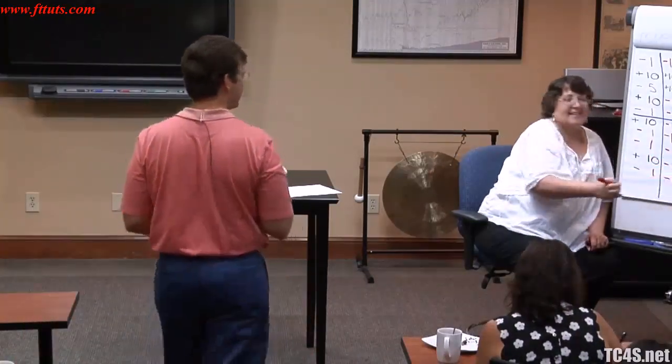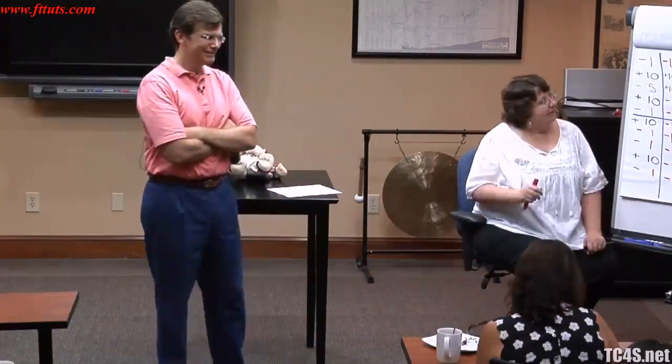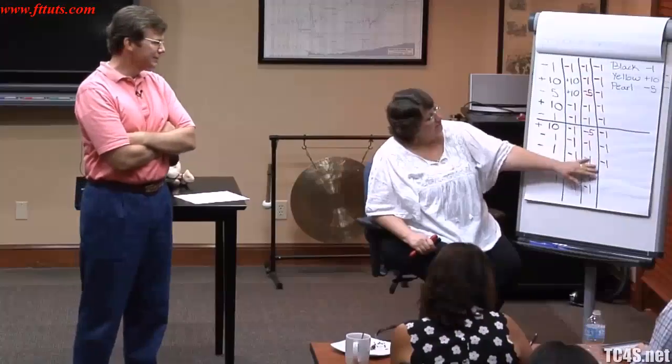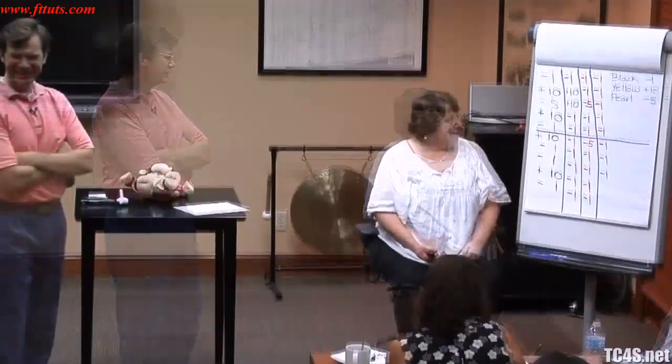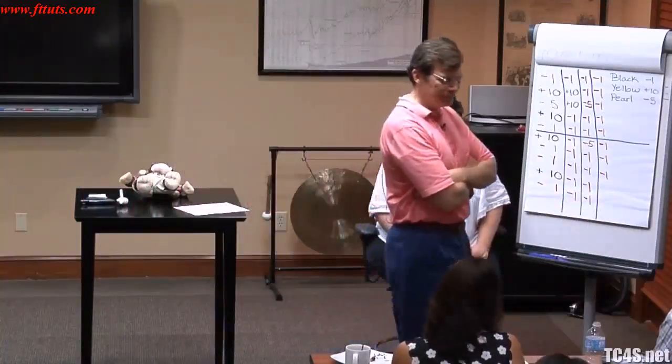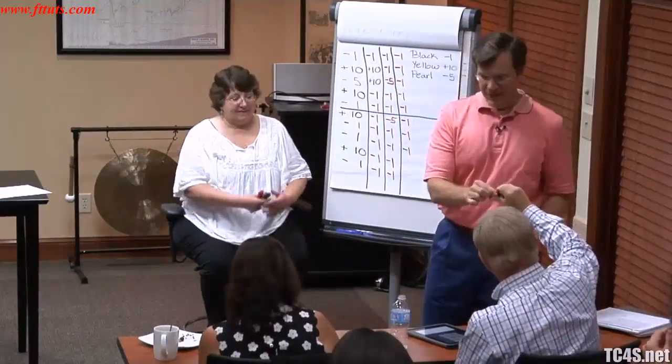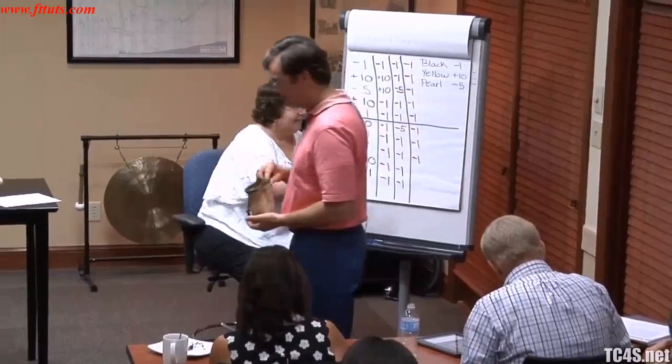Are we sure the other ones didn't know how to get pulled out of there? Look at that, that's incredible. 10, 20, 25 negatives. We're on to 39. Everybody ready? All right, here we go. Black, -1. That's a lot.